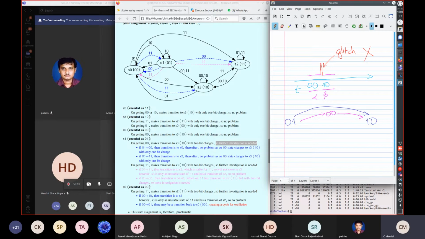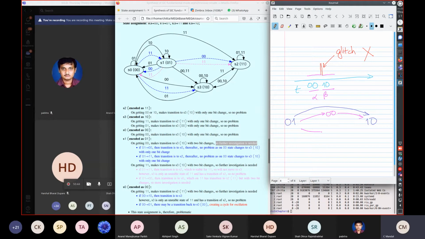Because your assumption is that your circuits do not all operate at exactly the same speed. There will be some small differences. So these 2 bits will not change exactly at the same time. So first, this is changing to 0, 0, or it could also change the other way.